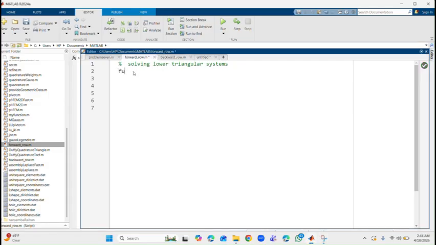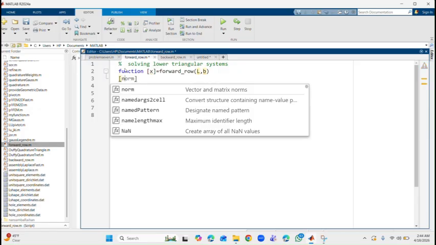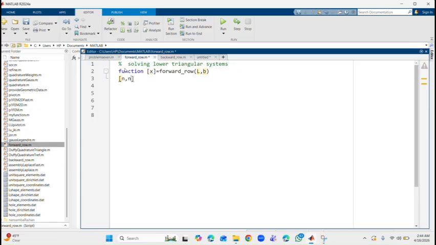When we create our function, we call the output x, and because this is forward substitution, it can be called forward_row. The inputs are the lower triangular matrix L and the vector b. We can fix n.